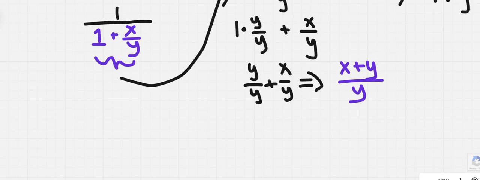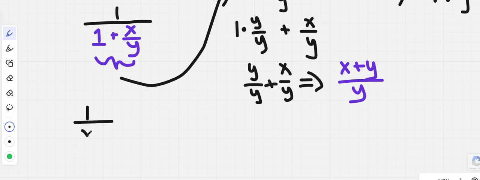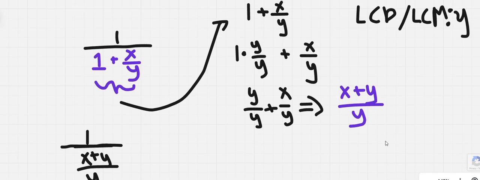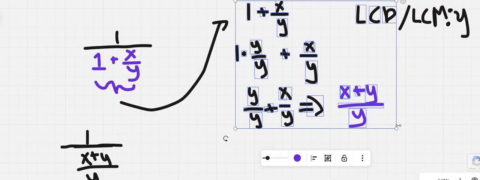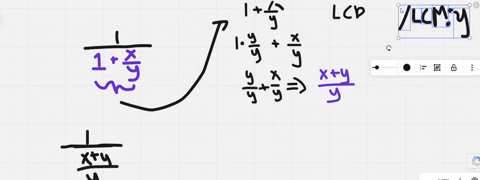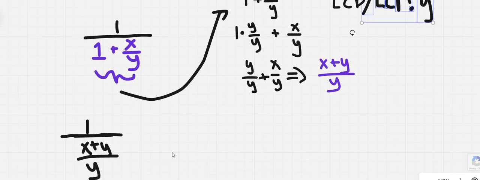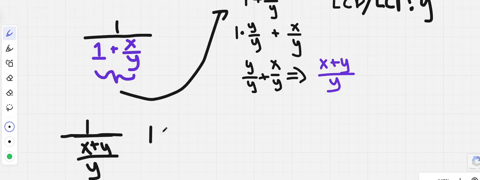So now our new fraction, or an equivalent fraction, is going to be 1 over x plus y over y, which can be written as, I'm going to shrink this a bit, 1 divided by x plus y over y.